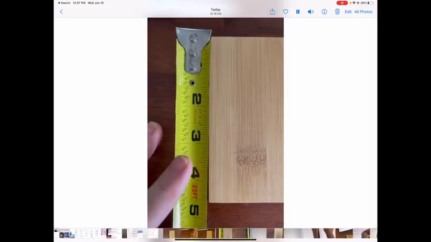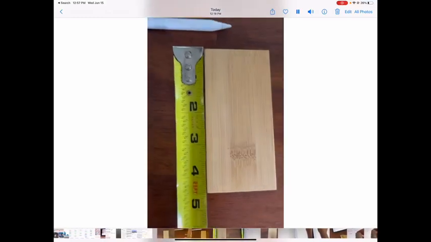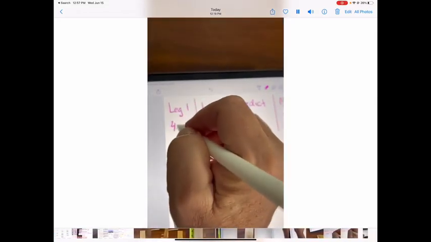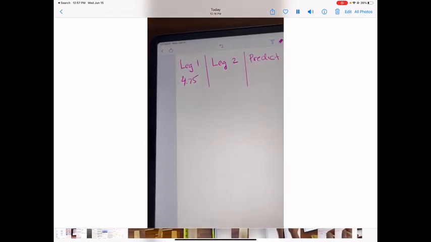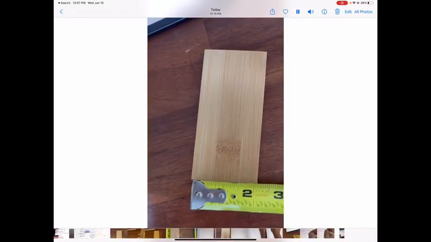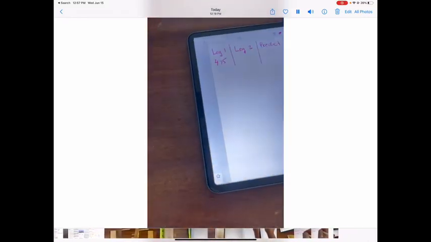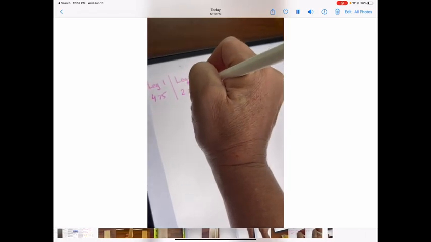First, when I measure this leg here, I get 4 3/4, so I write it here, 4.75. It's easier if you convert it to decimals. And for this one, I get 2.25, 2 1/4.